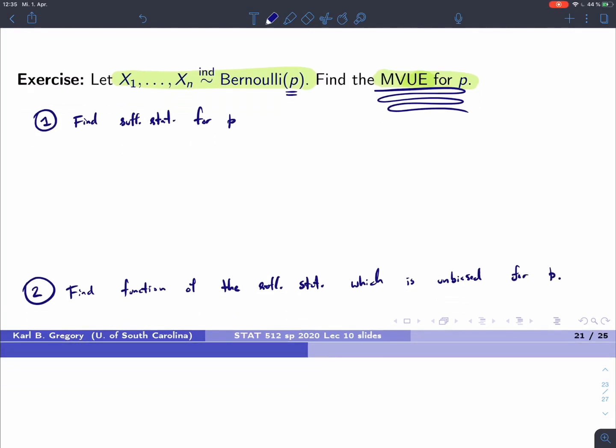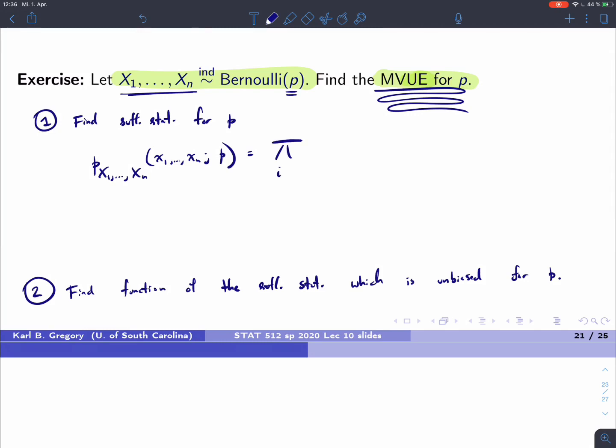Okay, so to find a sufficient statistic, we should turn to the factorization theorem, which requires us to write down the joint probability mass function. Now these are discrete, so let's write p instead of f, because we usually use p for probability mass functions.